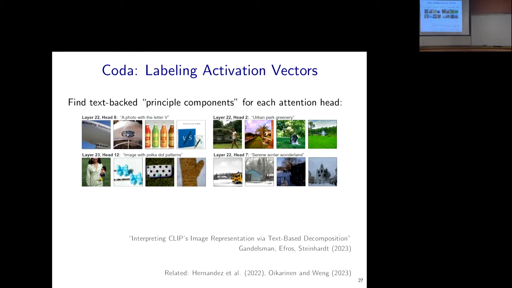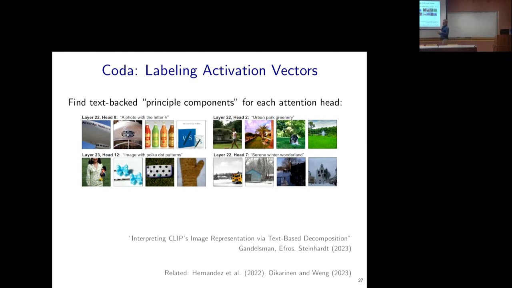What we did is we went back to CLIP, that text-image model, and we said, we want to understand what the different parts of CLIP are doing. Most of CLIP is these things called attention heads. So we asked, what are all of the attention heads doing? For each attention head, we tried to find a basis for that head, a set of directions that explain the variation in the behavior of that head.